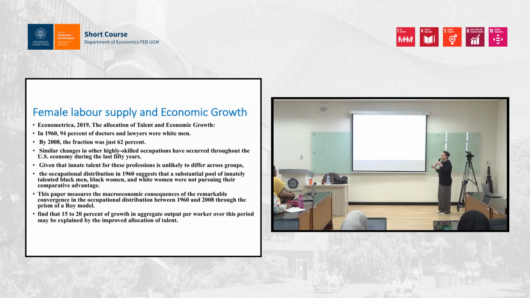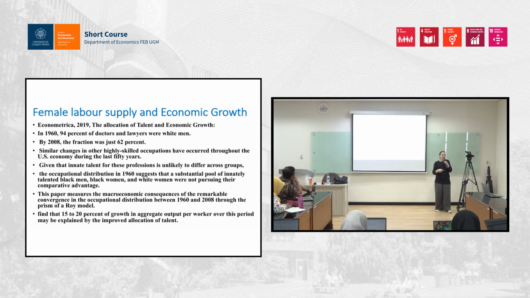And as there is a lot of racial inequality also in the US, the biggest part of this change is due to white women entering these professions. So they find similar changes, they document in all the highly skilled occupations in the US in the last 50 years.